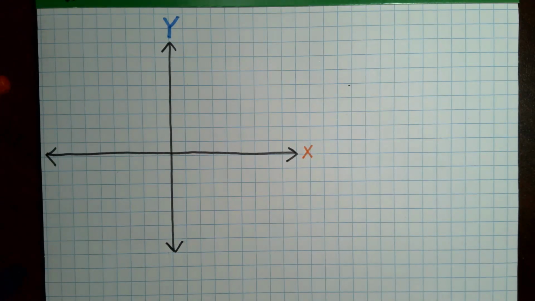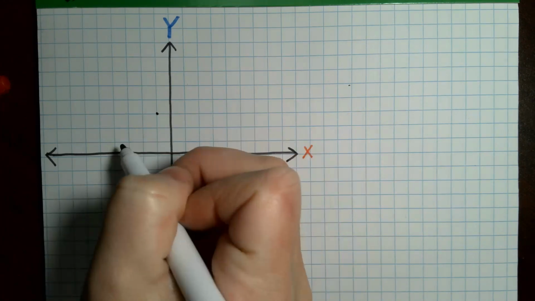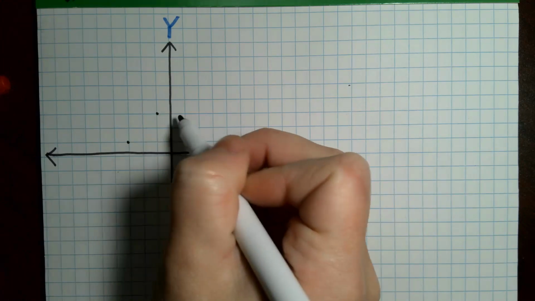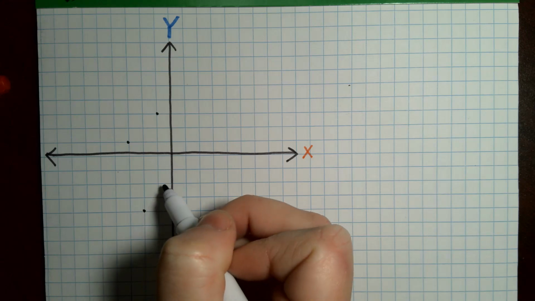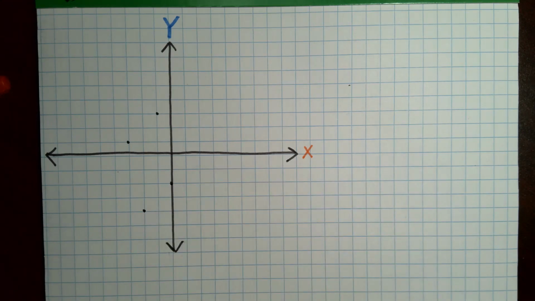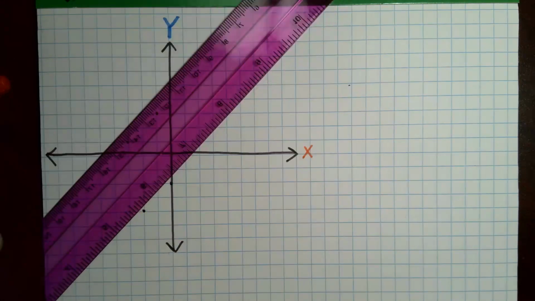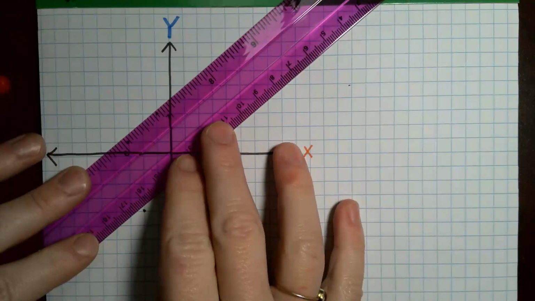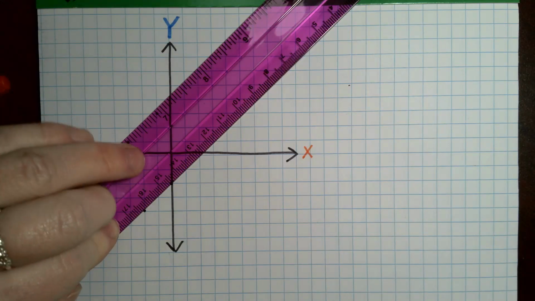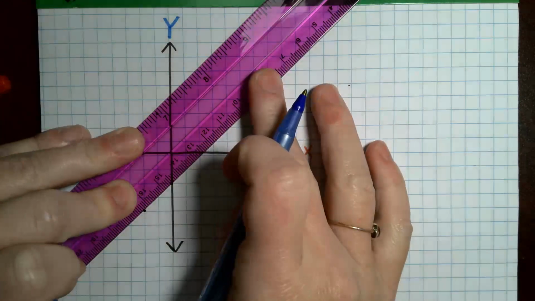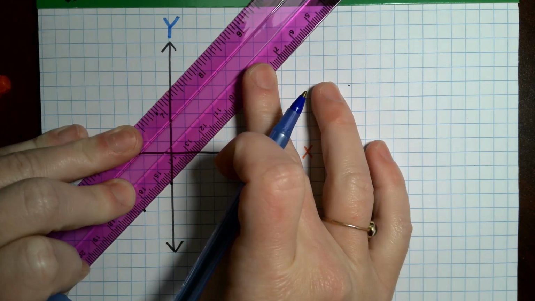And let's say that I have two lines. I'm going to trace them real quick. And I'm going to tell you right now, these are going to be parallel lines.